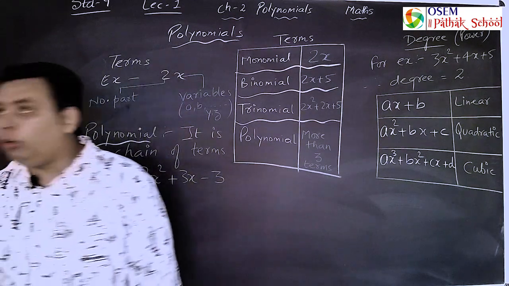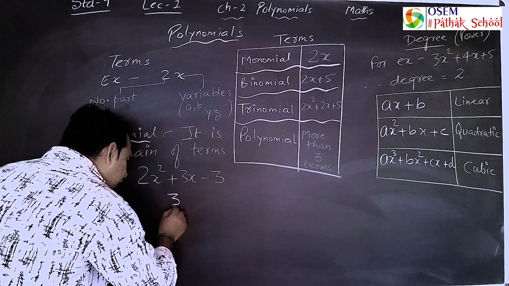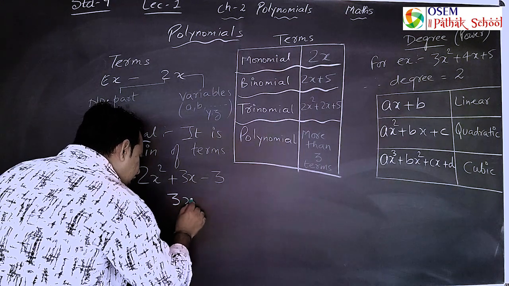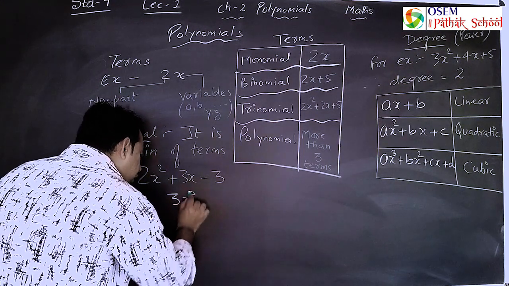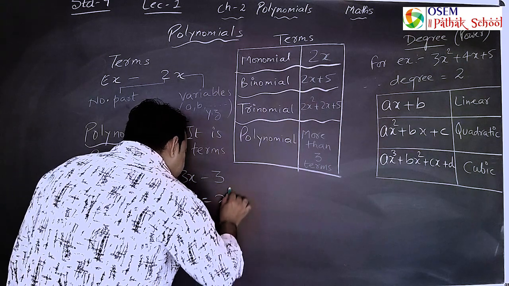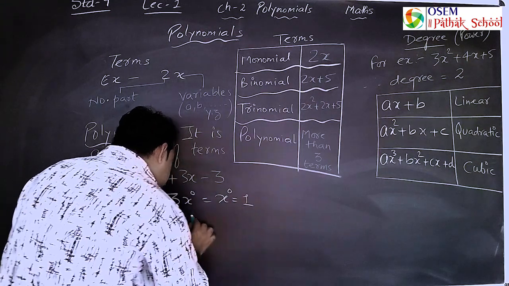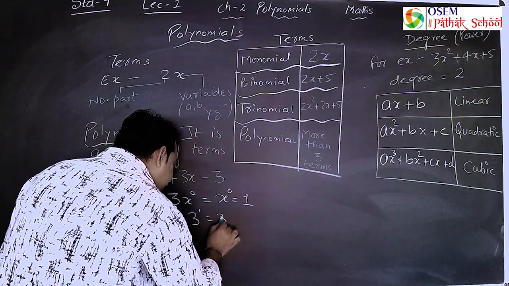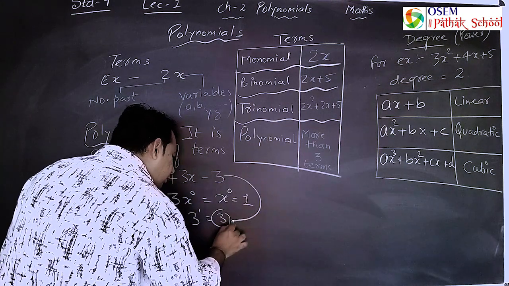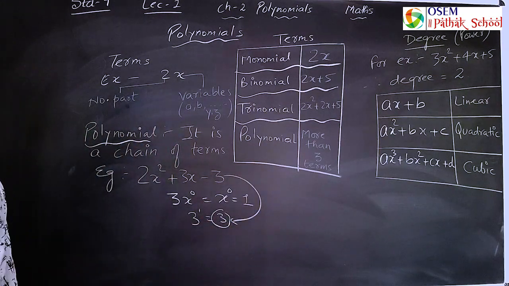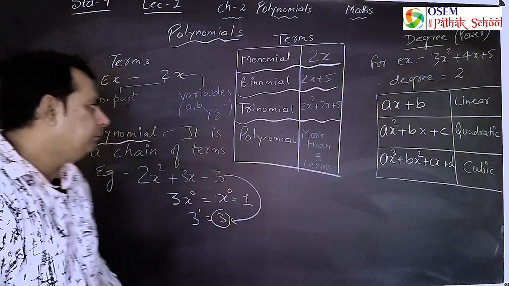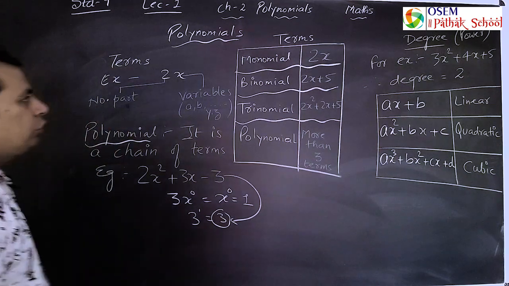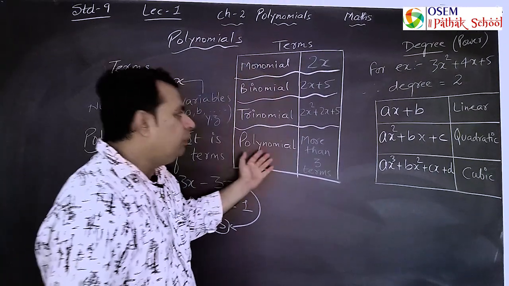So I can write over here 3x to the power 0, and anything to the power 0 is 1. So 3 times 1 will be 3. So automatically it also forms a polynomial. Now on the basis of the terms, polynomials have been classified.